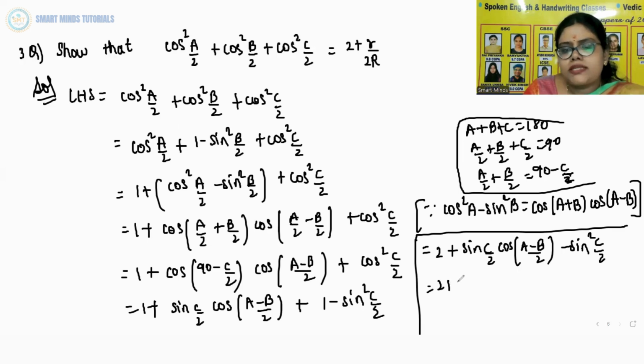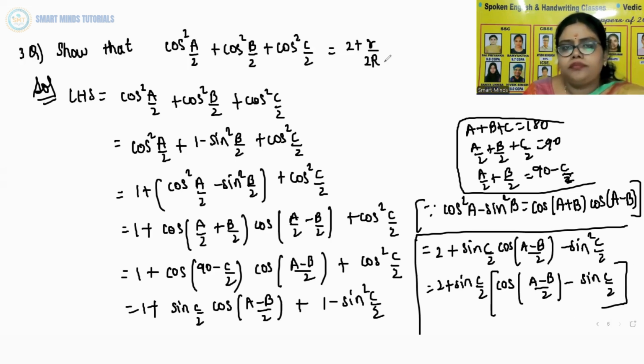Now let us take sin C/2 common. So you will get cos (A−B)/2 minus sin C/2. Now here sin C/2 we can write as sin of 90 minus (A+B)/2.